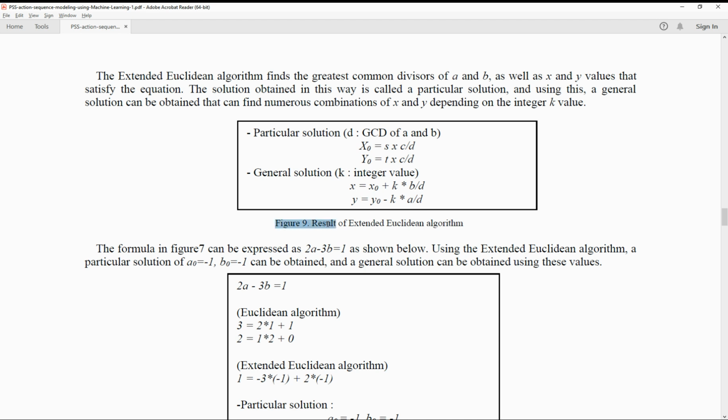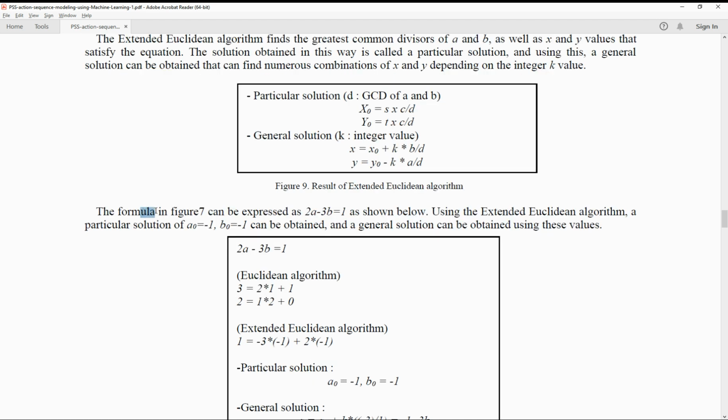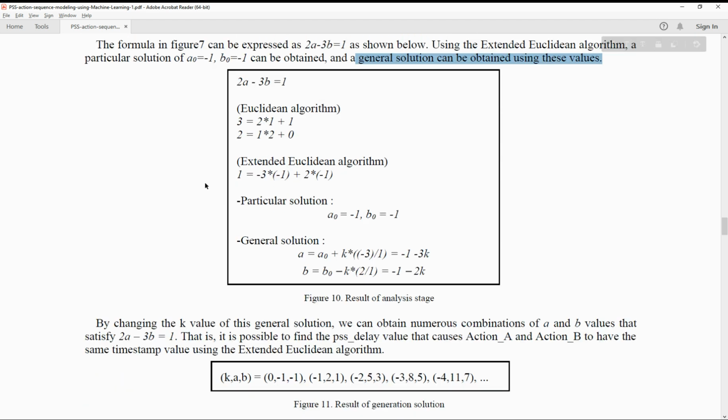Figure 9, result of extended Euclidean algorithm. The formula in figure 7 can be expressed as 2a minus 3b equals 1 as shown below. Using the extended Euclidean algorithm, a particular solution of a0 minus 1 and b0 minus 1 can be obtained, and the general solution can be obtained using these values.